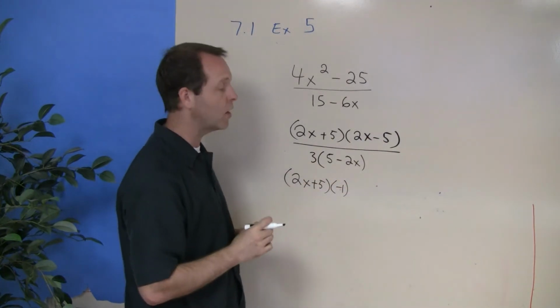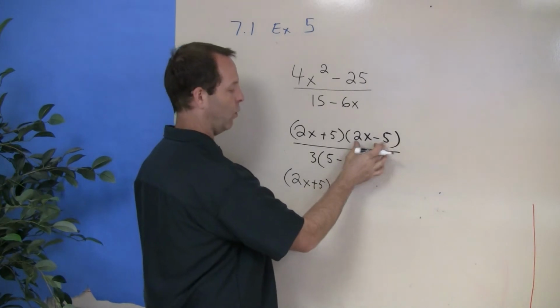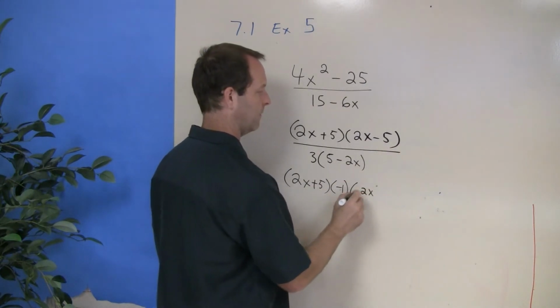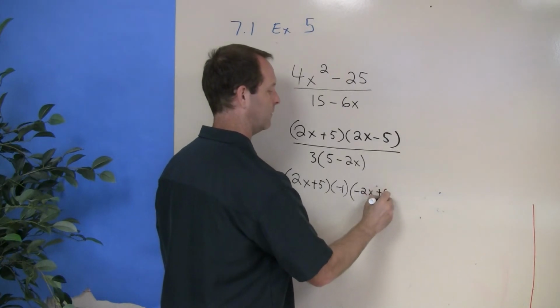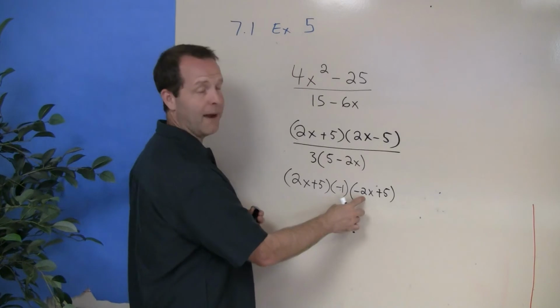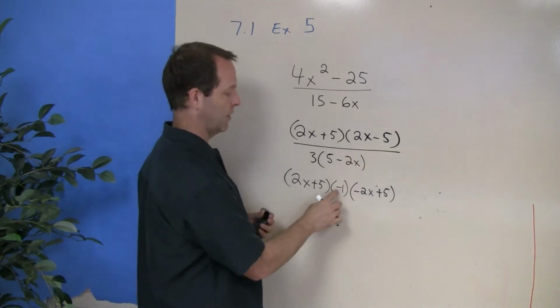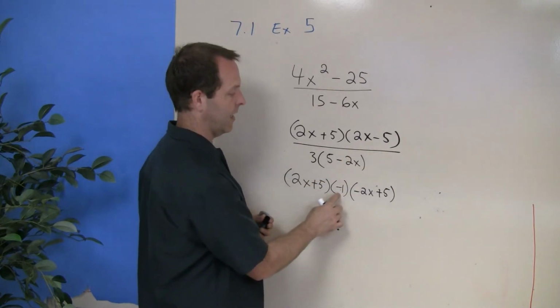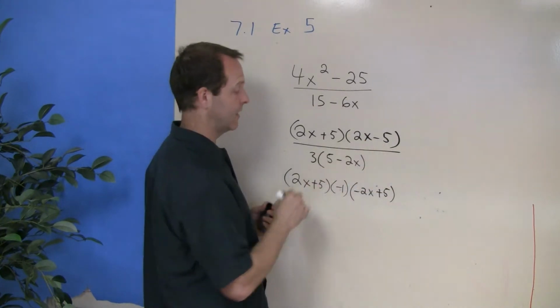I know, hold on, I'll show you. As I factor out a negative 1, I'm left with a negative 2x and a positive 5. And you can double check that. All we do is multiply them back together to get to the original. So negative 1 times a negative 2x is a positive 2x. And a negative 1 times a positive 5 is a negative 5.